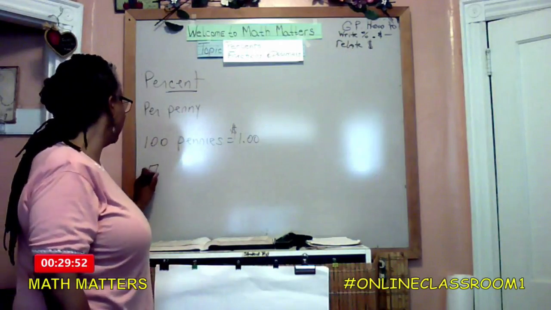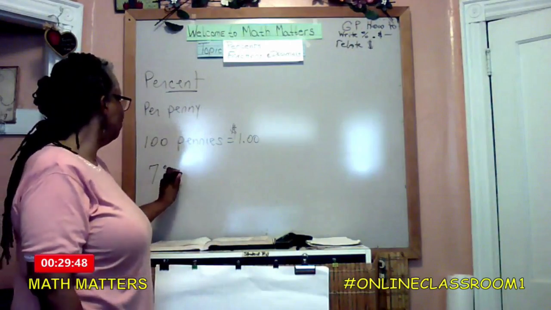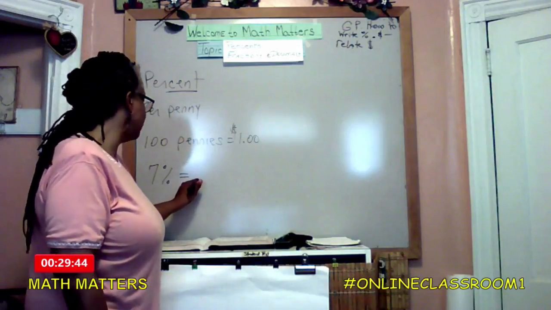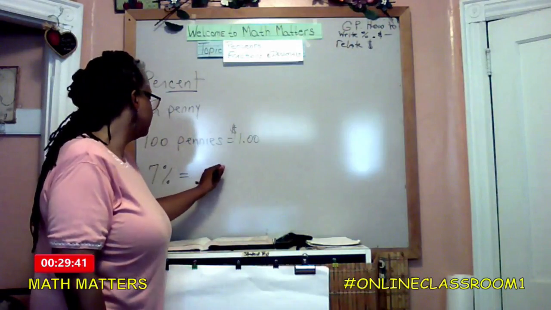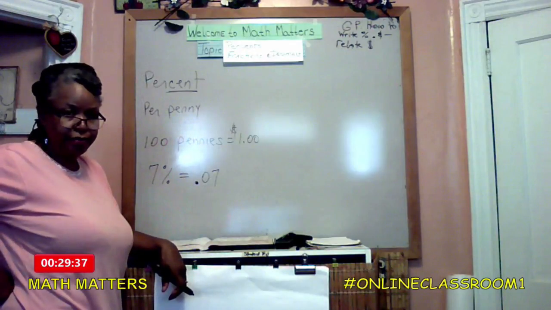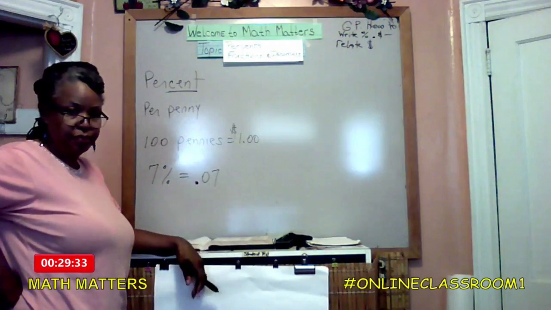All right, let's look at a few examples. If I want to write 7% as a decimal, I want it to look just like money. It's going to look just like 7 cents or 7 pennies. Just simple as that. Drop that percent symbol and turn it into a decimal. It looks just like money.